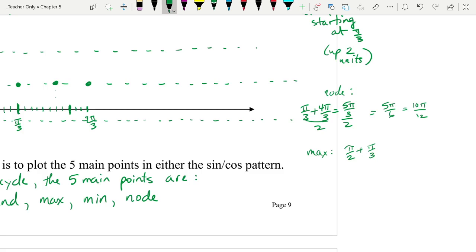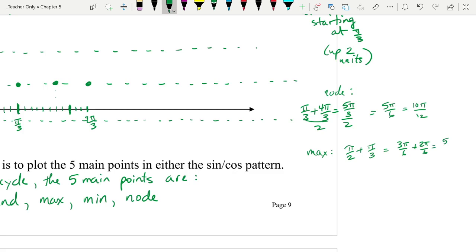I guarantee you somebody's going to try doing this and they're going to get 2 pi over 5. And somewhere your grade 7 teacher will feel a chill go down their spine. How do you add fractions? What do you need to add fractions? You need a common denominator. So this is 3 pi by 6 plus 2 pi by 6, which is 5 pi by 6.